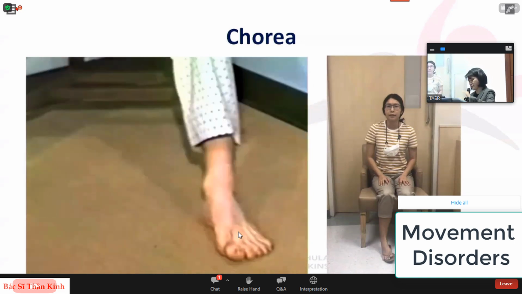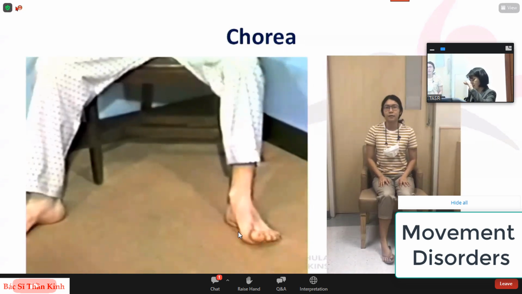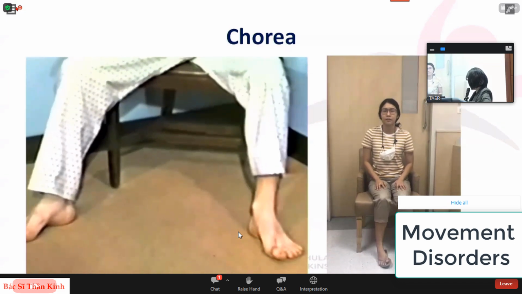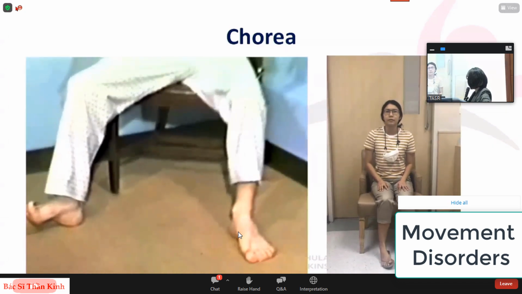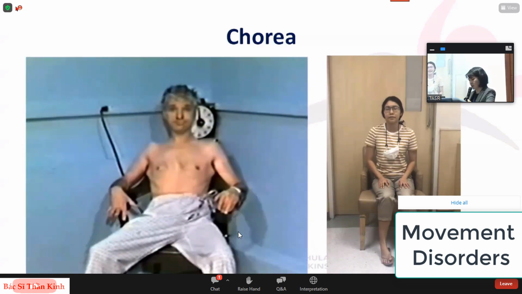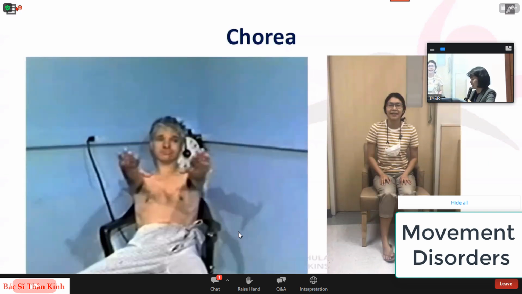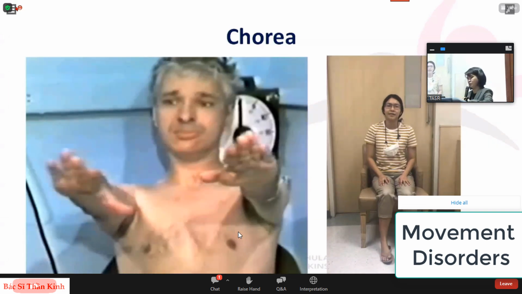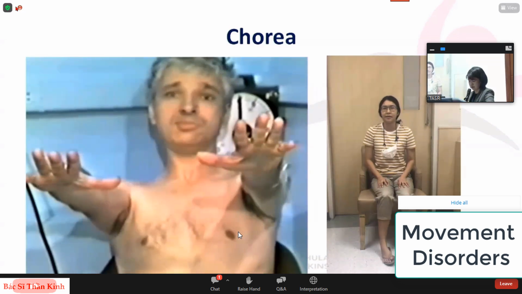You will see that she has irregular flowing movements in her fingers, her foot, and sometimes her face. She was also confirmed to have Huntington disease too. So it might be a spectrum of one disease.